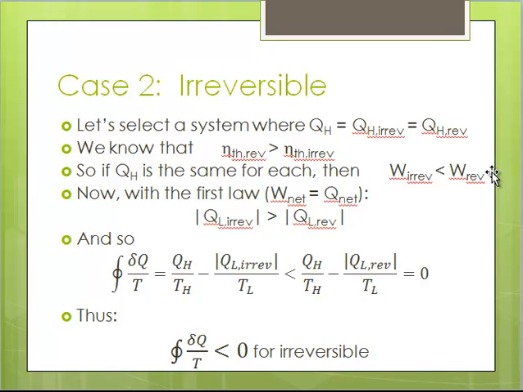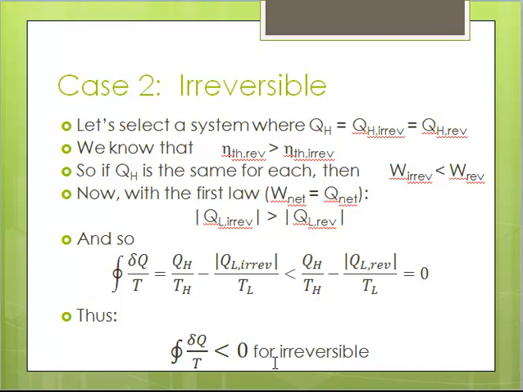If you play the little game of W_net equals Q_net, then Q_net for the reversible is larger than Q_net for the irreversible, indicating that the low temperature heat loss is going to be greater for the irreversible than it was for the reversible. Plug that in, knowing that for the reversible case we got exactly 0, now we get something that's negative.